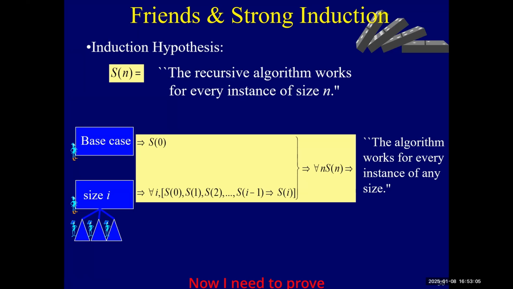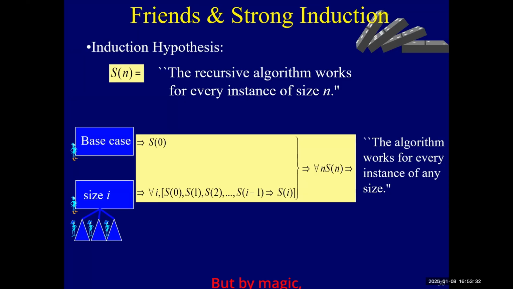Now I need to prove that it works for all inputs of size i, right? So how do I do a for-all proof? I say to my adversary, give me an arbitrary input of size i. Now I have an arbitrary input of size i. What does the code do? Well, it calls the routine on inputs that are smaller.